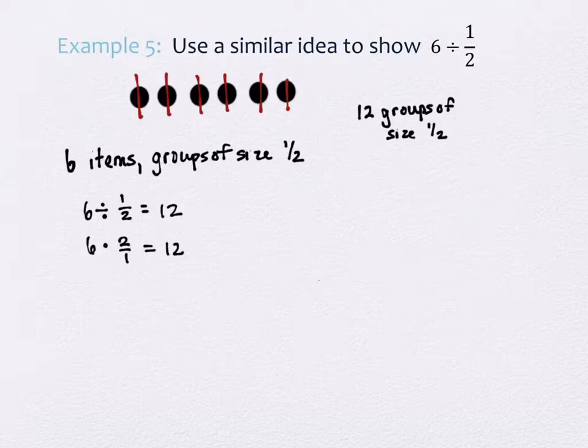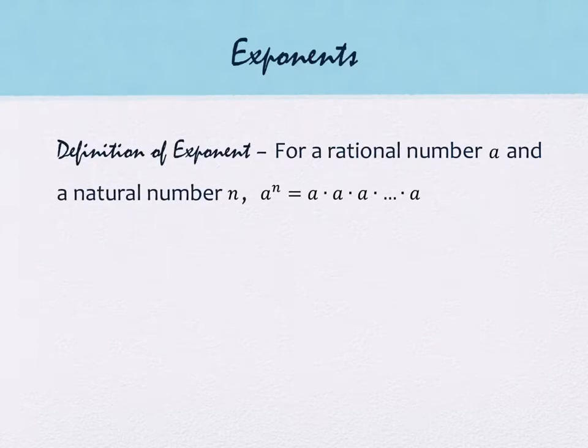All right. A little foray into some exponents. For a rational number a and a natural number n, a to the n is a times a times a, n times. Our book talks about properties of exponents in 2 different chapters in the book.